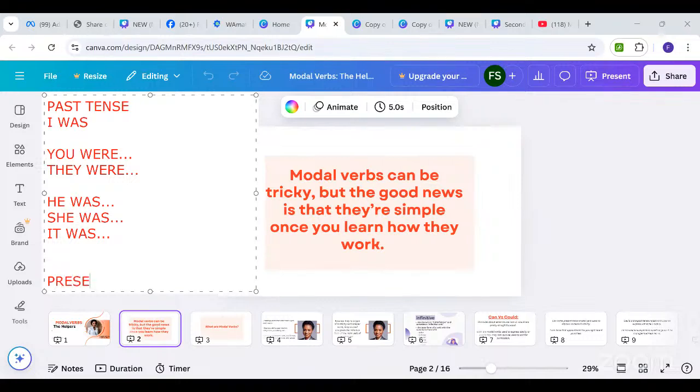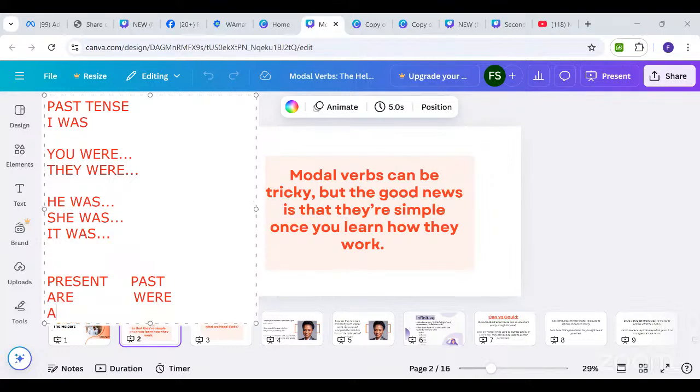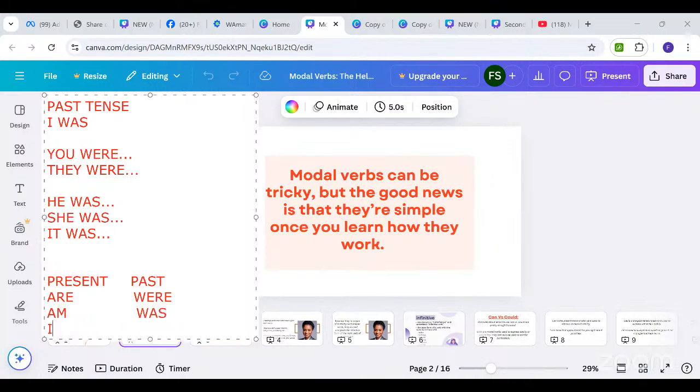Present, past. So where you use are, you can change it to were. Now, past tense of am: was. Past tense of is: was.